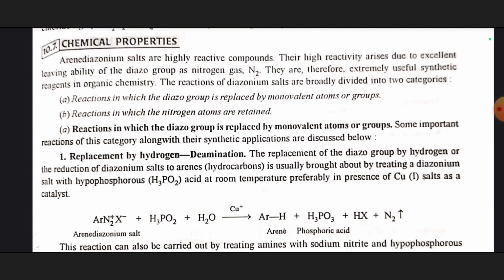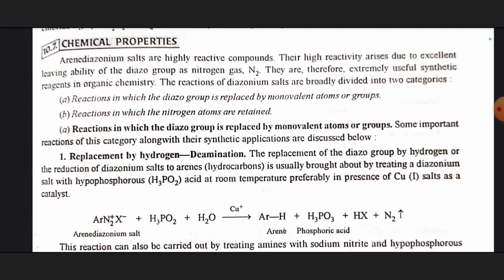First, reactions in which the diazo group is replaced by monovalent atoms or groups. Second, reactions in which the nitrogen atoms are retained. So first, reactions in which the diazo group is replaced by monovalent atoms or groups. Some important reactions of this category along with their synthetic applications are discussed below.